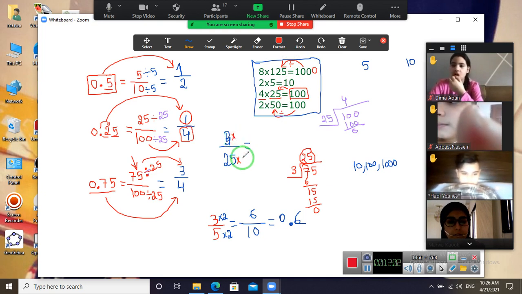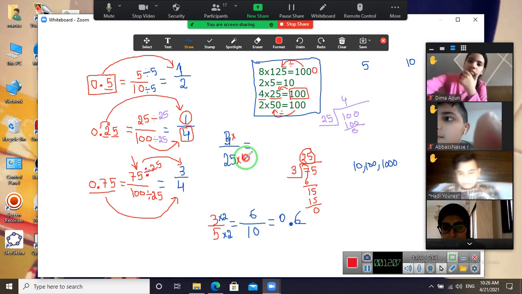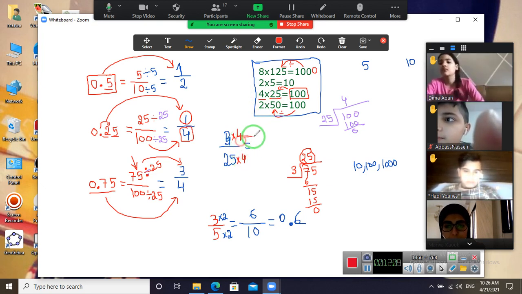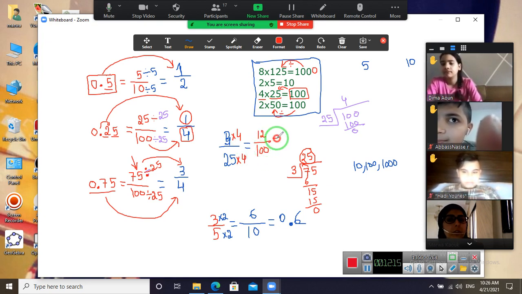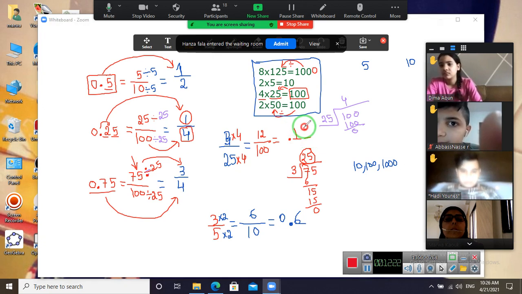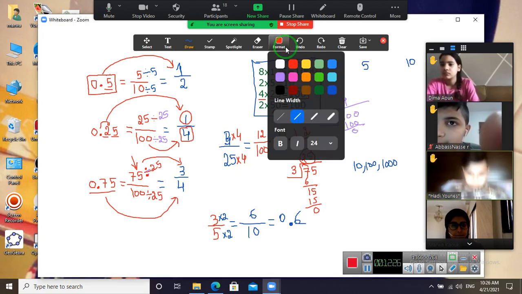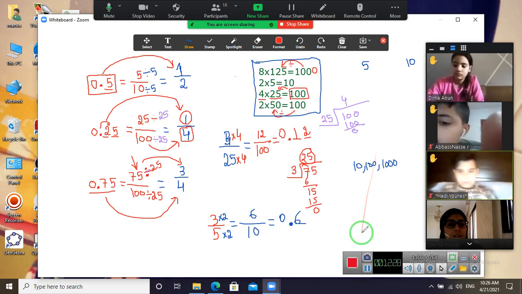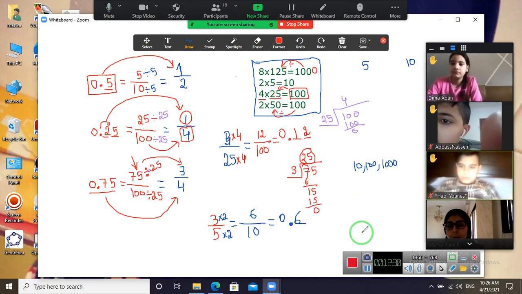By 4. When I am multiplying by 4, I will get 12 over 100. I want to transform it into a decimal number. I will put point and 2 chairs. It will be 0.12. So I can transform a fraction into a decimal number by following these steps.